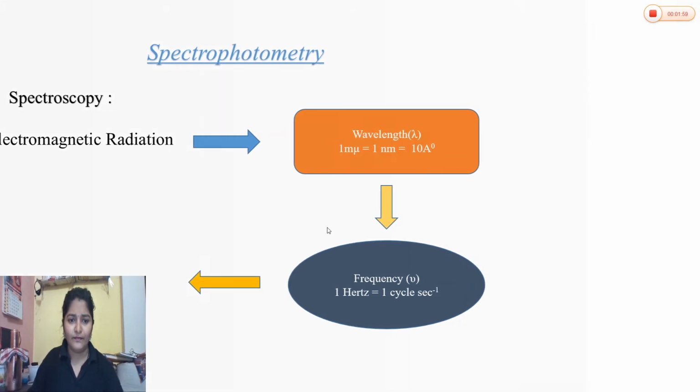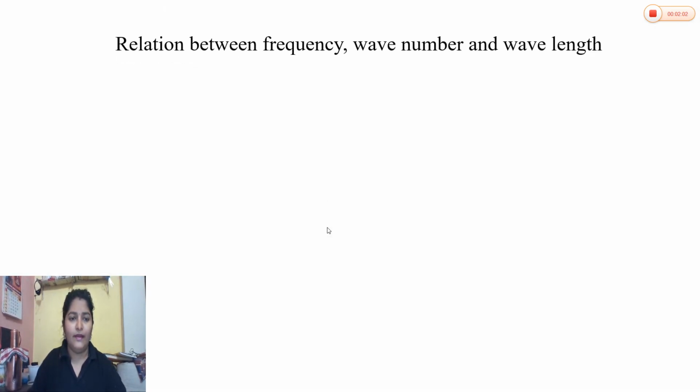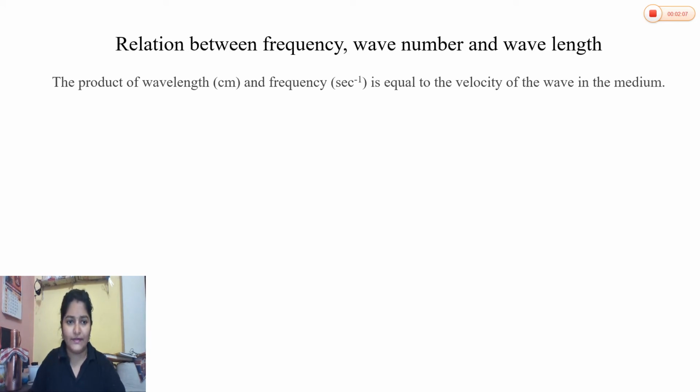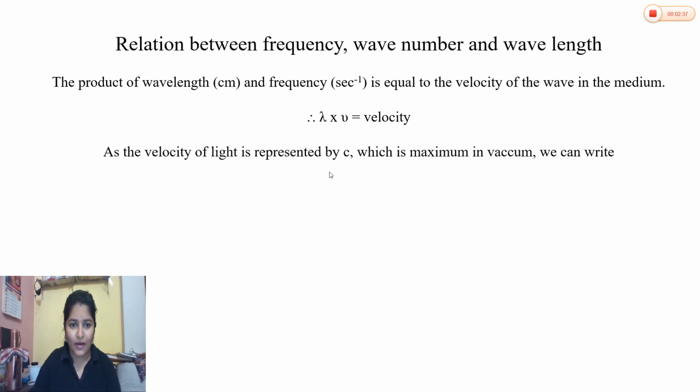Then the important relation between the frequency, wave number, and the wavelength. The product of wavelength in centimeter and frequency in second inverse is equal to the velocity of the wave in the medium. The product of wavelength, that is lambda, and frequency, that is mu, is equal to the velocity of the wave, which is denoted by small c.